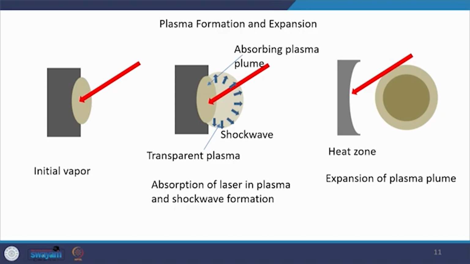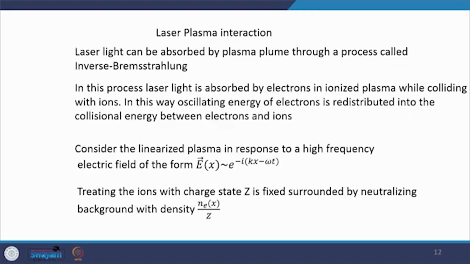This is another important phenomenon: the region of very high density can block or absorb the laser light, which further increases the temperature of the plasma. The plasma then expands with a very high velocity, a shock wave is generated, and finally the plasma is deposited onto the substrate.